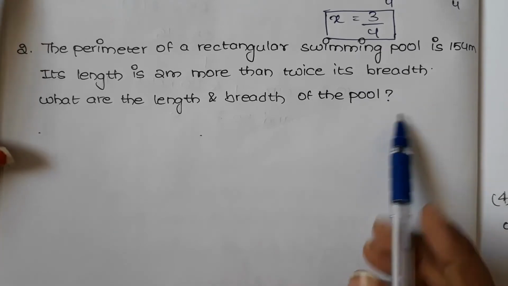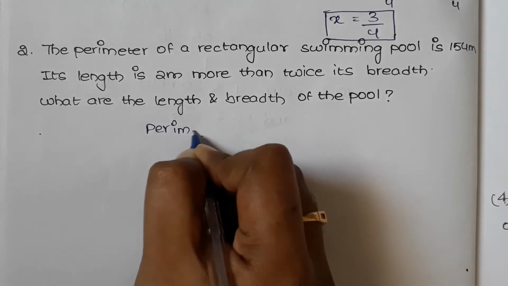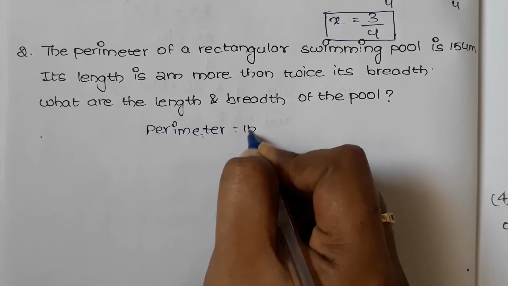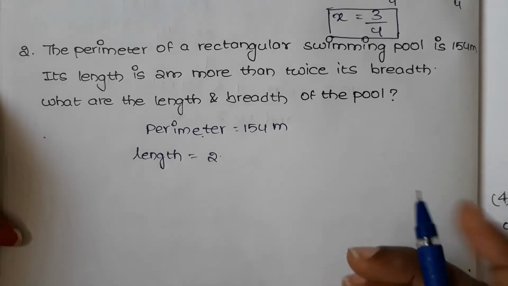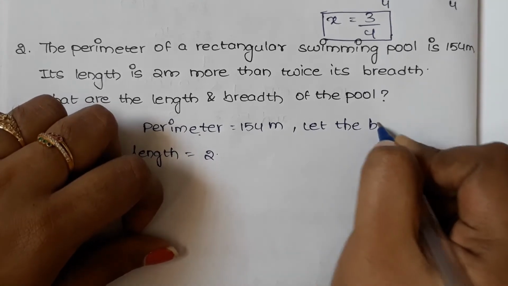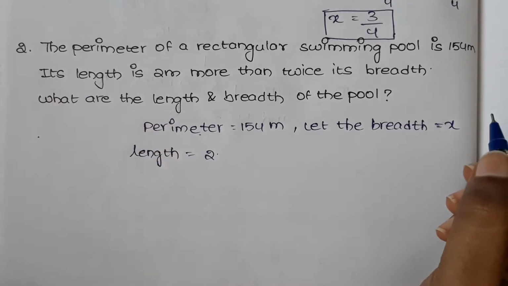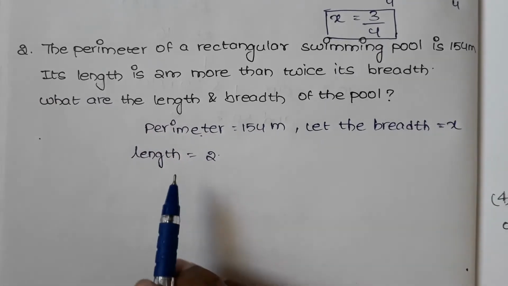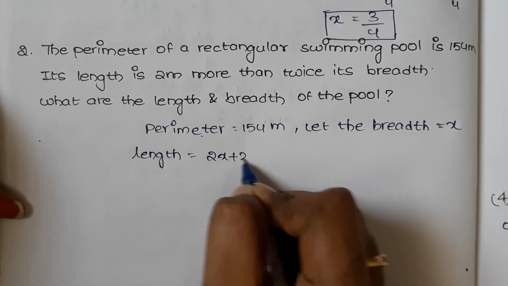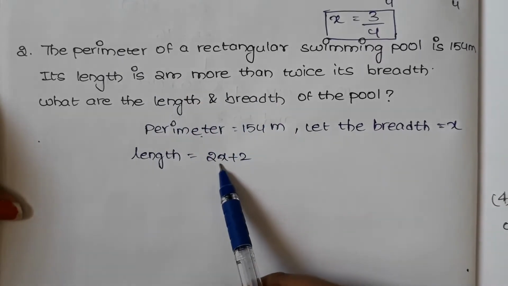Here given that perimeter equals to 154 meters and let the breadth is x. Now according to the question, that is length equals to 2x plus 2, because here 2 meters is more than twice its breadth.